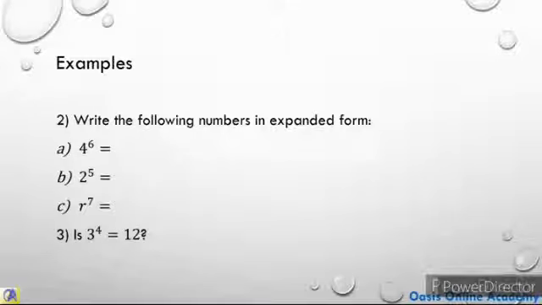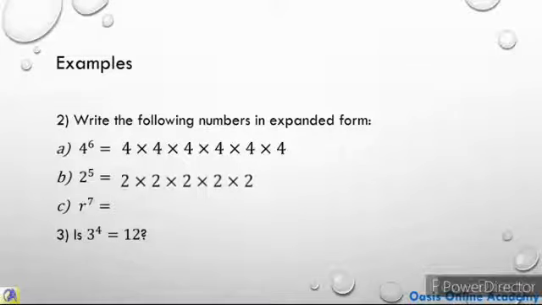Second question, write the following numbers that are written in index form in an expanded form. Again, pause the video, do it, and then verify whether the answers are the same as what I will suggest here. In the first case, which is 4 to the power 6, we'll have 4 multiplying itself repeatedly 6 times.